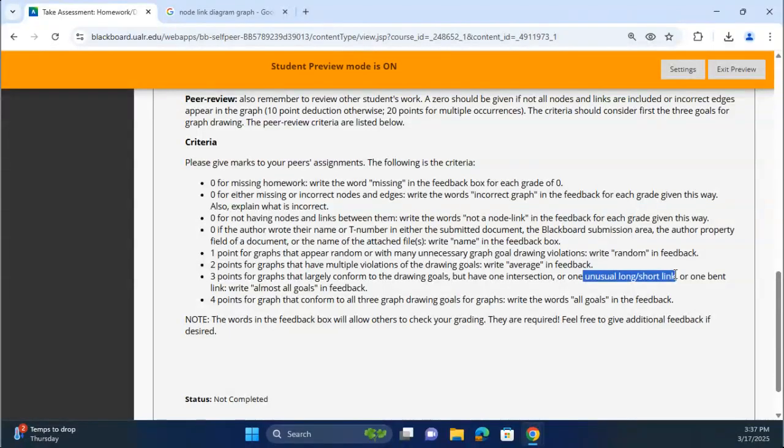But if one of them is obviously different, then it's a 3. If we have 2 of those, then think about a 2. Obviously, if it's only 2 of those, it's a 2 for sure. It cannot be a 1. And if there's a lot of those violations of the goals, that's going to be a 1, more like random, whatever you would consider completely random.